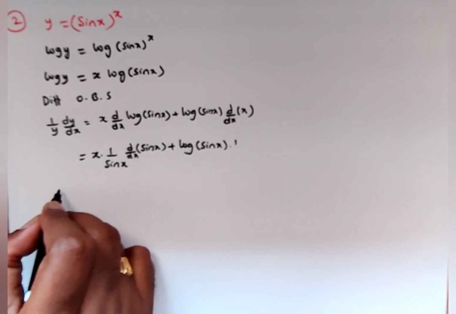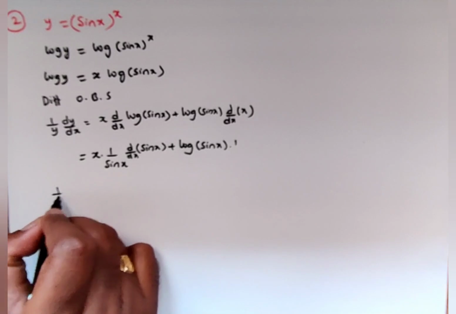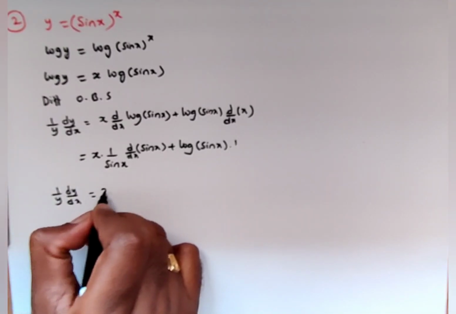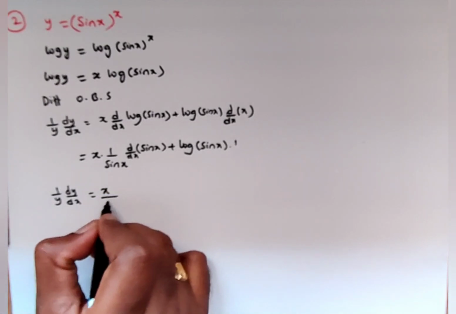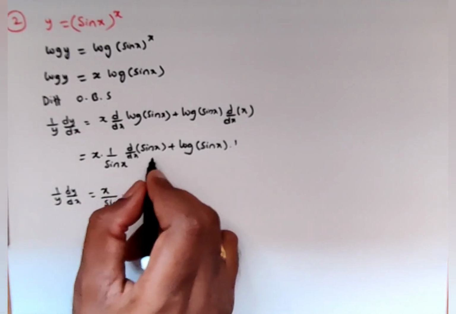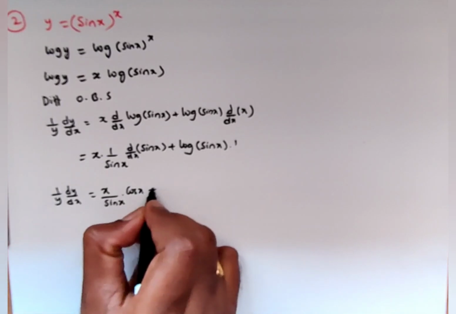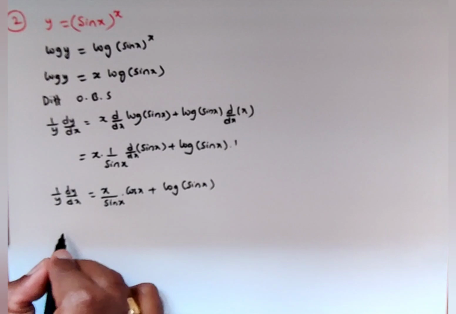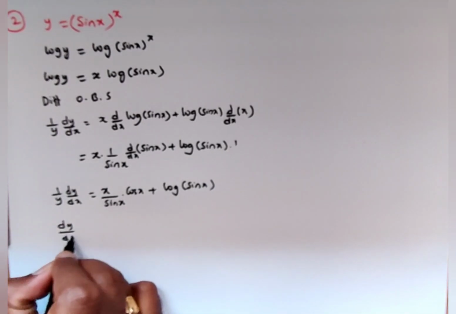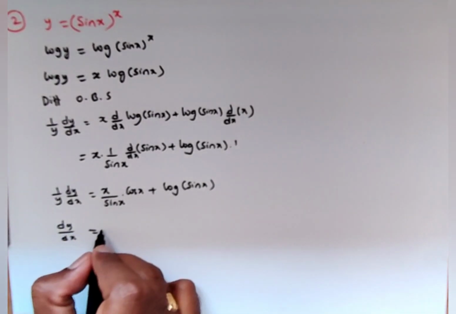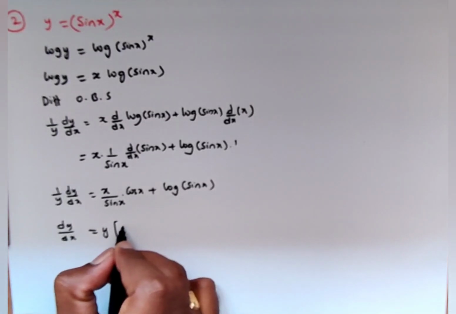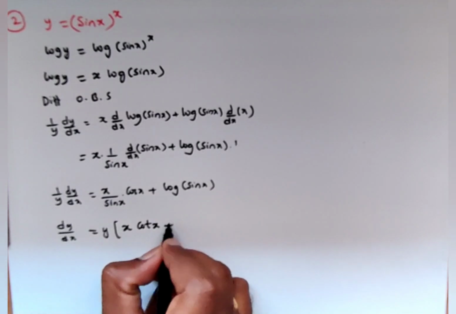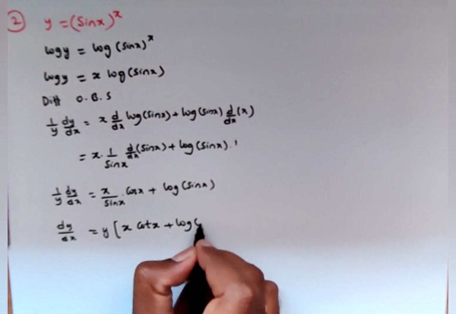So finally, 1 by y into dy by dx is x into x by sin x into, now the derivative of sin x is cos x, plus log of sin x. Now dy by dx is equal to, by cross multiplication, y times x into cos by sin, that is cot x, plus log of sin x.